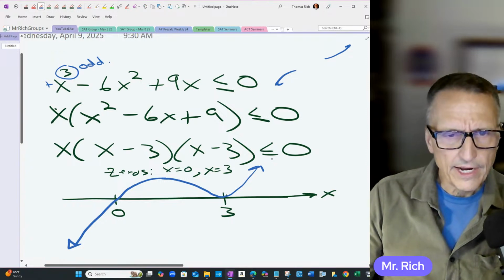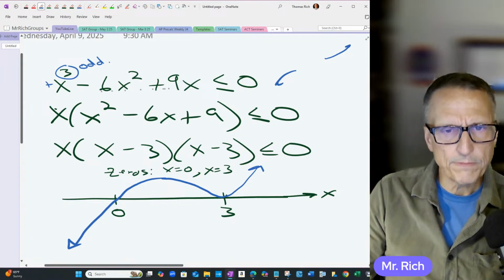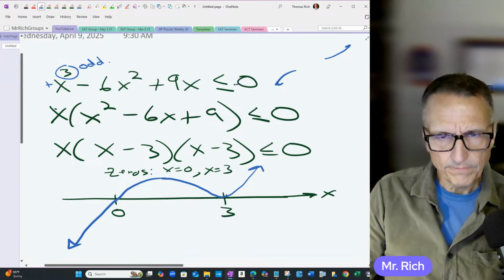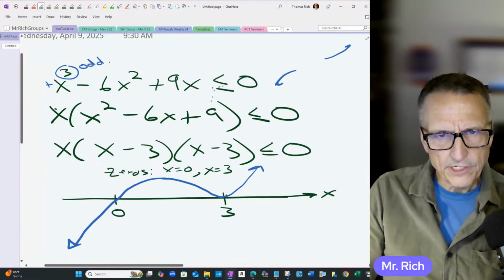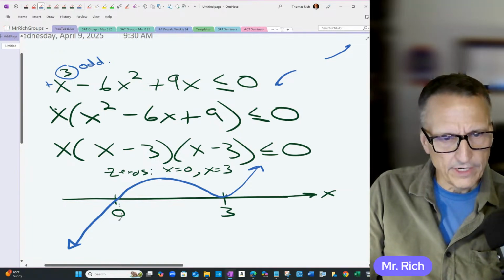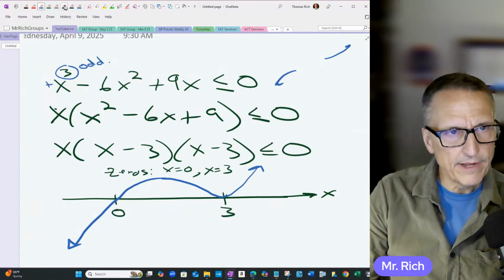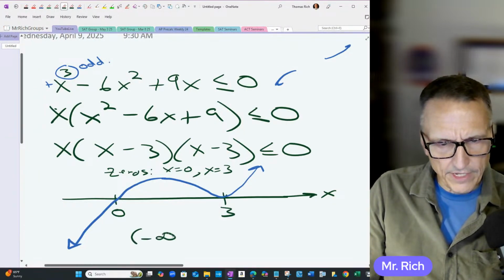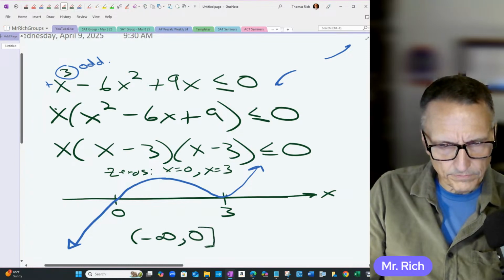And so here I can actually, at this point, answer the question, because this says, when will this polynomial be less than or equal to 0? Well, I have two parts to that answer. It is going to be less than 0, meaning below the x-axis, out here to the left of 0. So one of my solutions is going to be from negative infinity up to and including 0.